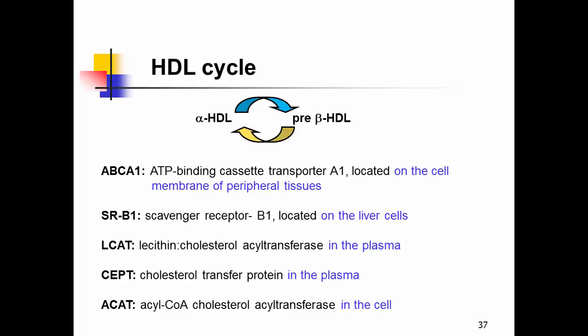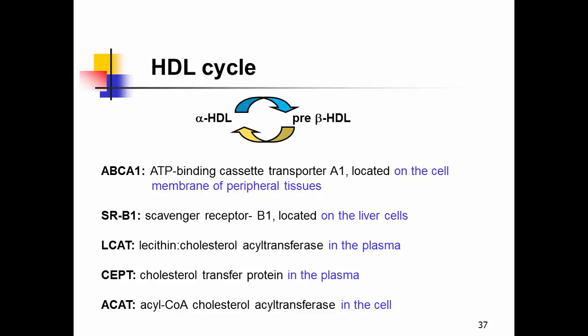There is also a similar enzyme called ACAT, acyl-CoA cholesterol acyltransferase. This enzyme catalyzes the same reaction, the esterification of free cholesterol to cholesterol esters, but the location is different. This enzyme is localized inside of cells.